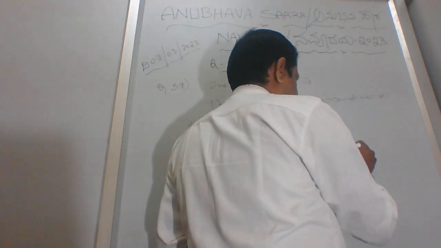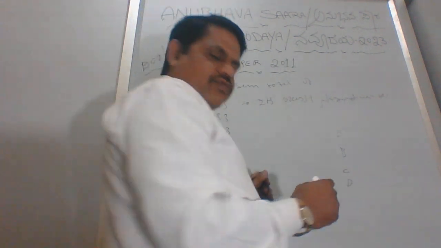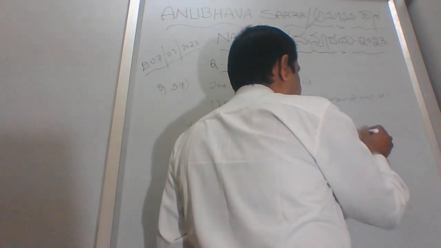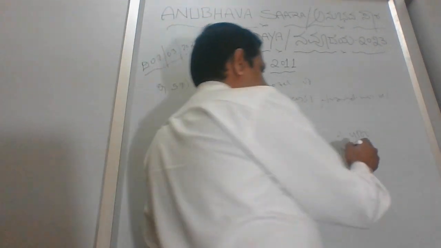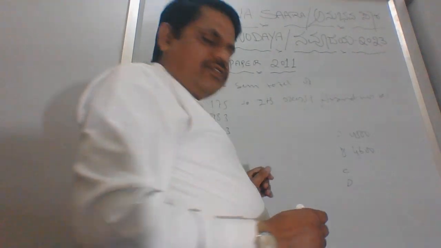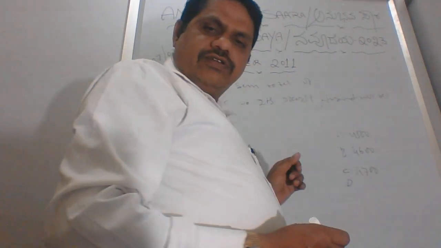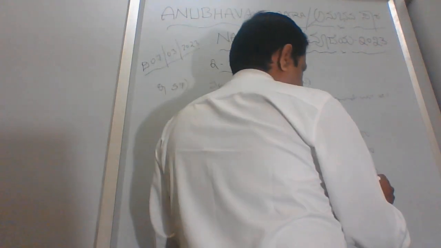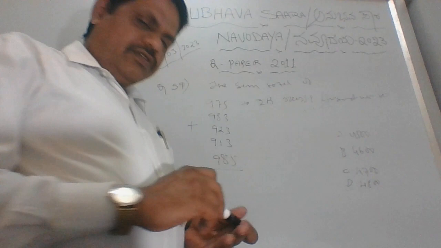Option A is 4500. Option B is 4600. Option C is 4700. Option D is 4800. So these are the options.